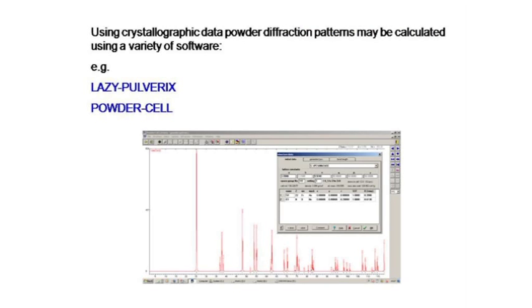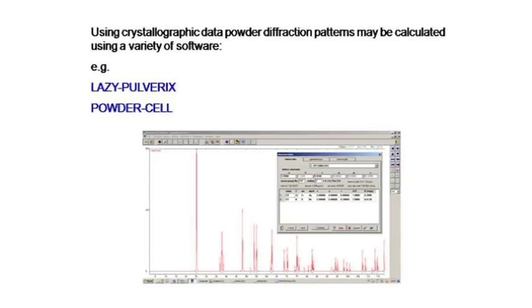So you can do lots of things. If you just have the paper, you can type in your coordinates, or you can download the ZIP file, and use something like Lazy Pulverix or PowderCell to generate your diffraction pattern.